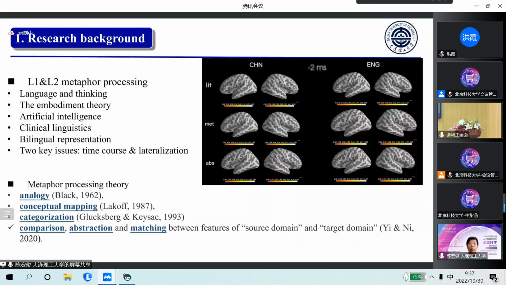Metaphor is processed in three steps, but there are a lot of controversial studies. So whether the time course is the same as literal is really very important. The other one is lateralization: is it left or right lateralized? This is also a controversial issue.